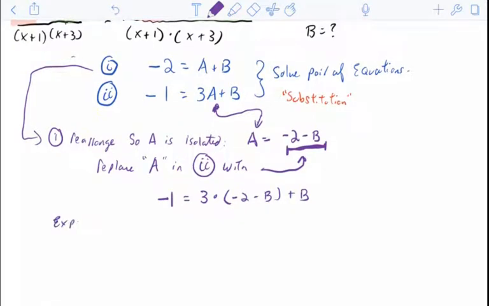Get rid of those parentheses. Minus 1 is equal to minus 6 minus 3B plus B, and I simplify. So minus 1 is equal to minus 6 minus 2b, and then I solve for b.